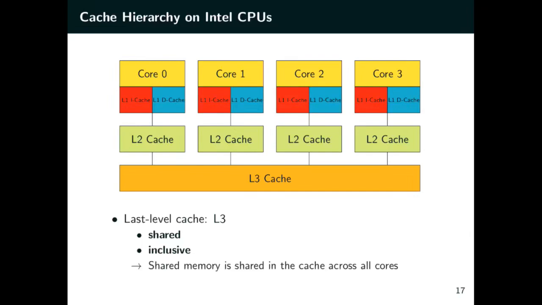And that also means that shared memory is shared in the cache across all cores. So we have no restriction on where the spy is with respect to the victim. The victim might be on core 0 and the attacker on core 3. It will not be a problem thanks to this inclusive property.